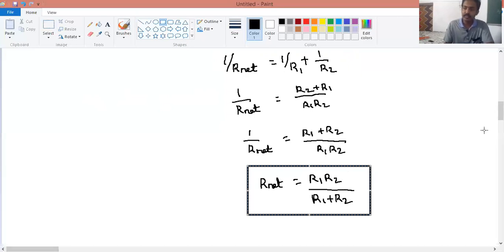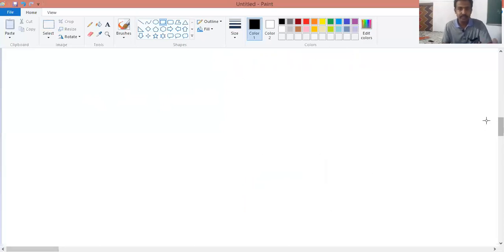Now let's concentrate on a few sums so that we feel confident that we can do this type of sums. So let's go with the problems on series and parallel connection. The important thing to remember is that across the resistors, voltage is common in parallel connection.